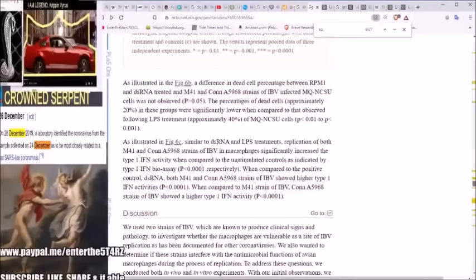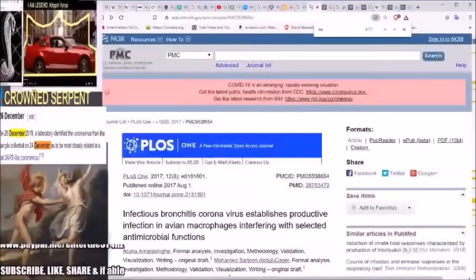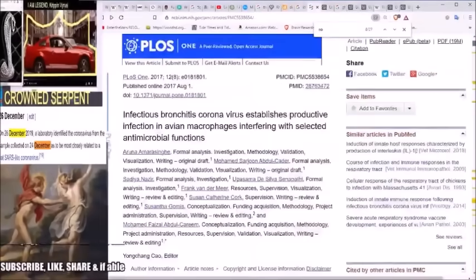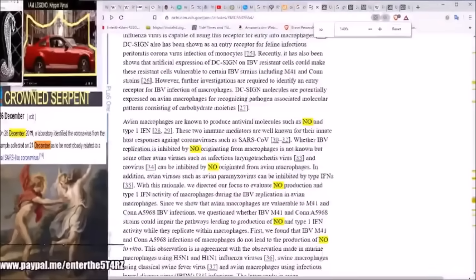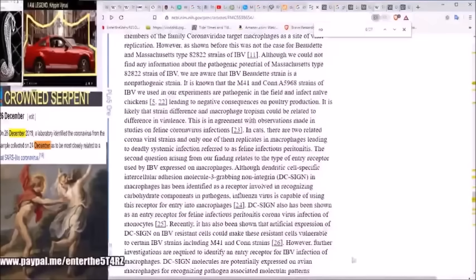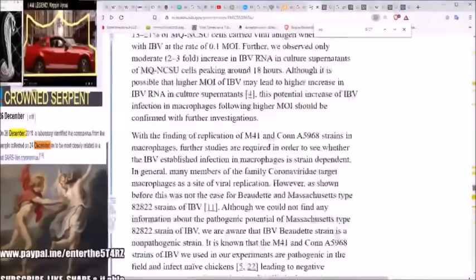This is a study that talks all about the virus. This study was dated 2017, August 1st. Avian, which are birds, this is a whole study on chickens. Avian means birds. I'll help you guys with this.